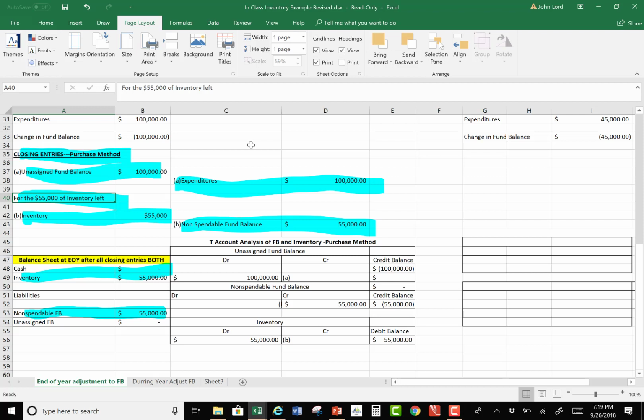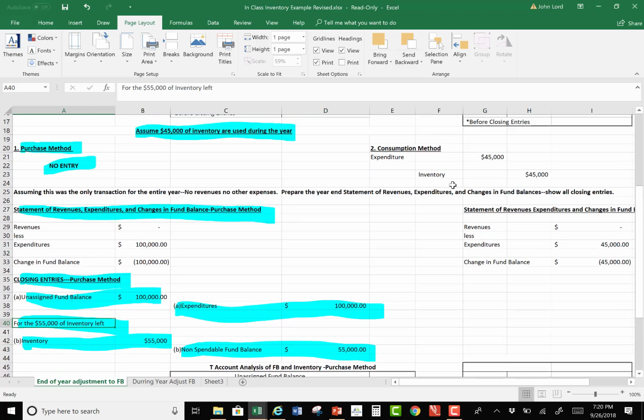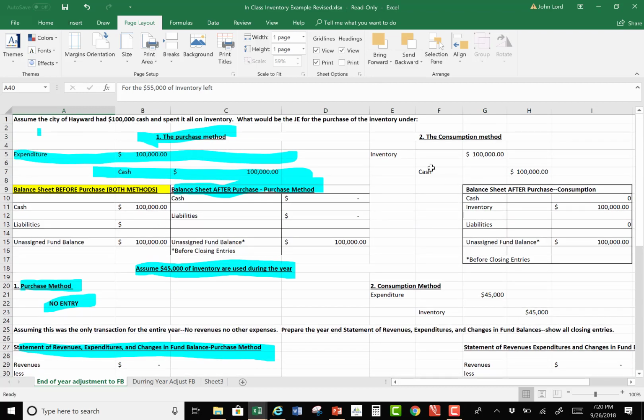And the non-spendable fund balance is showing 55,000. Is it supposed to show 55,000? Isn't that beautiful? This is why you studied accounting, just for beautiful things like this. Look at this. Okay? All right, now that is the purchase method.